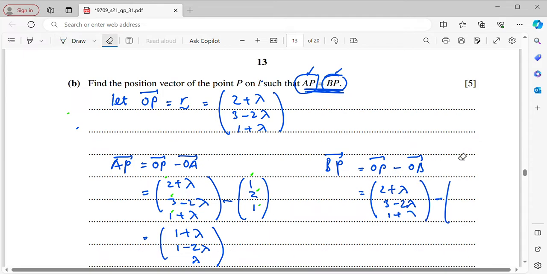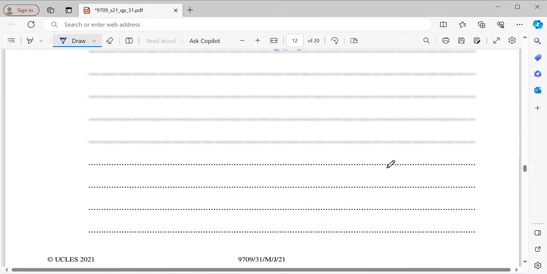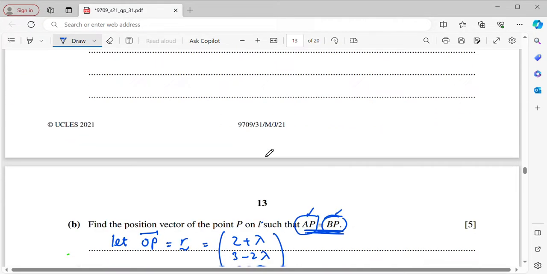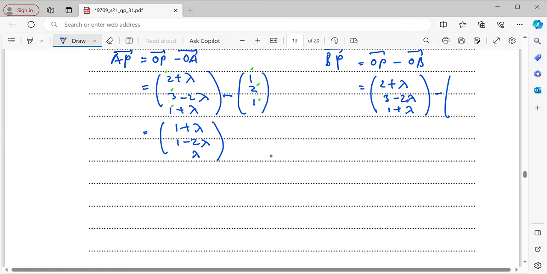Now your OB, again from the question, OB is (3, 1, -2). So here I will get (3, 1, -2) and then when you simplify, again 2 minus 3 is minus 1. Then 3 minus 1, you get 2.